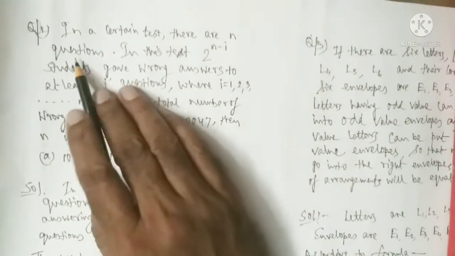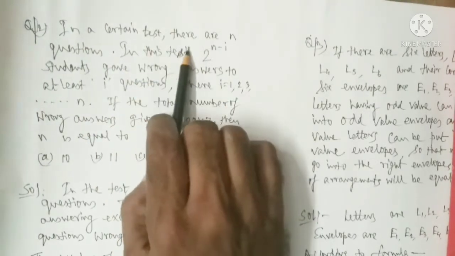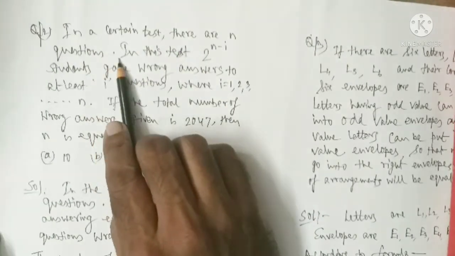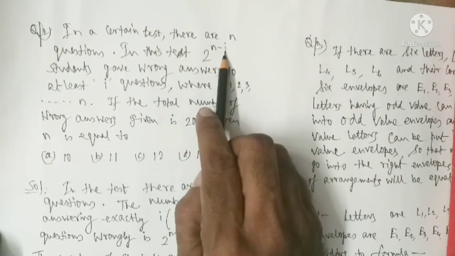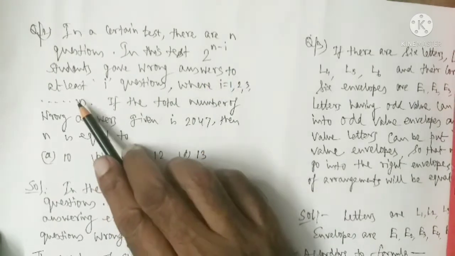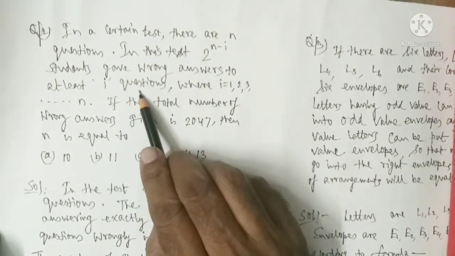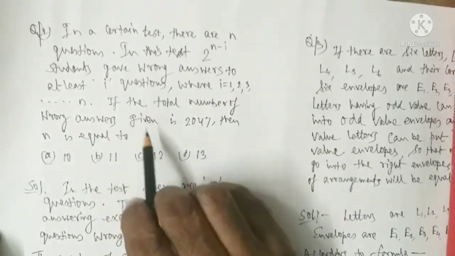Now we discuss the second problem. In a certain test there are n questions. In this test 2 to the power n minus i students gave wrong answers to at least i questions, where i equals 1, 2, 3 and dot dot n.